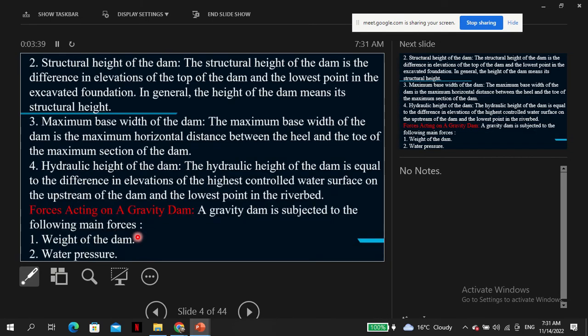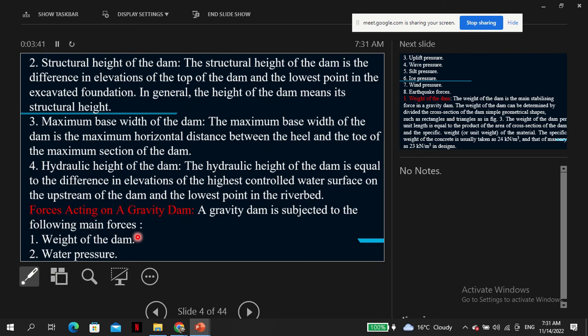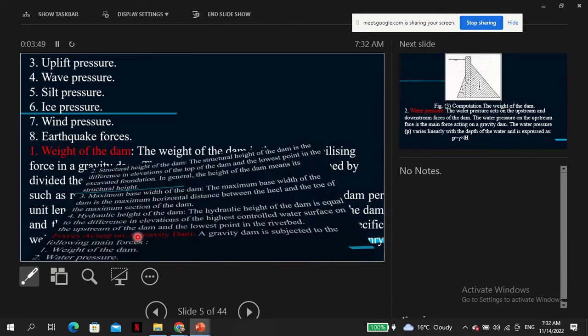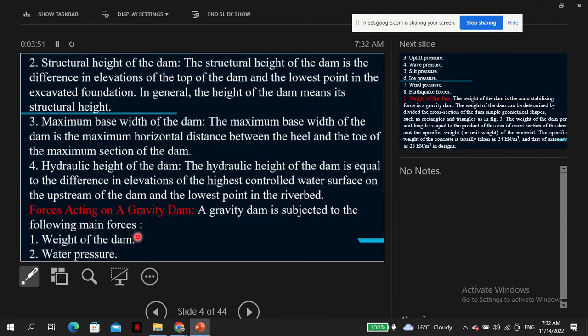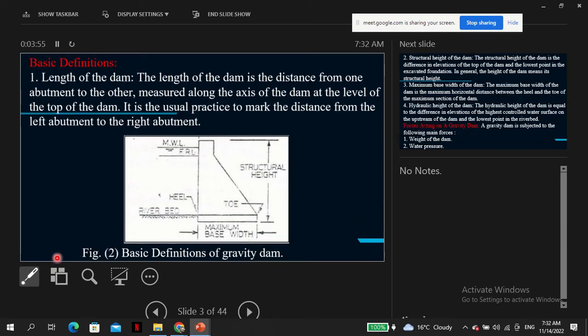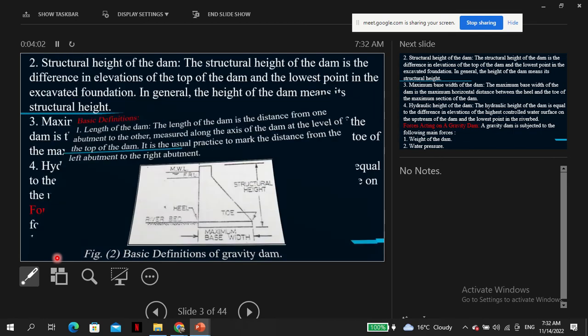The hydraulic height. The structural height is the overall height of the dam, but the hydraulic height is the height of water, the effective height that water will impose.